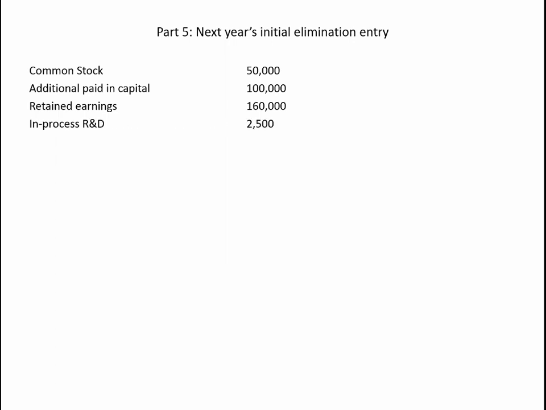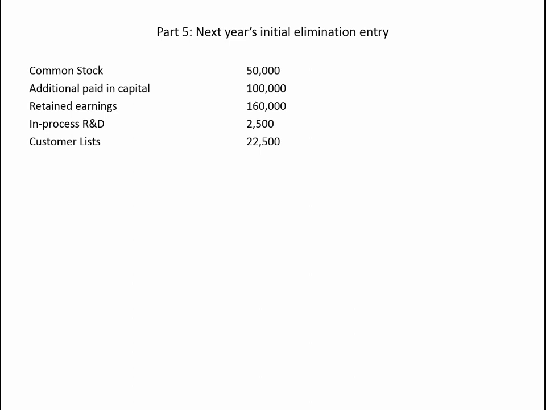And now we think of how those various differential assets are being carried forward. The in-process R&D. Last year we created a $5,000 in-process R&D asset. We amortized half of it, so we're carrying forward $2,500. Note that the inventory differential is gone. Last year we created a $20,000 inventory differential and then amortized the whole of it, so there's no inventory differential being carried forward.